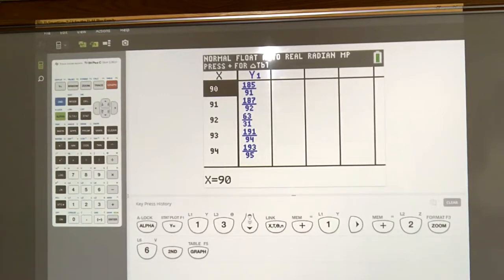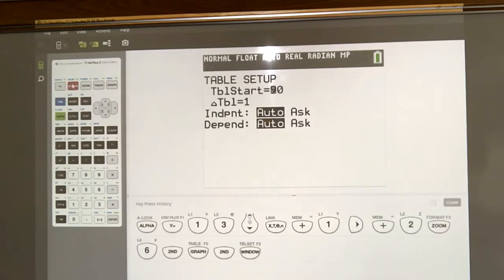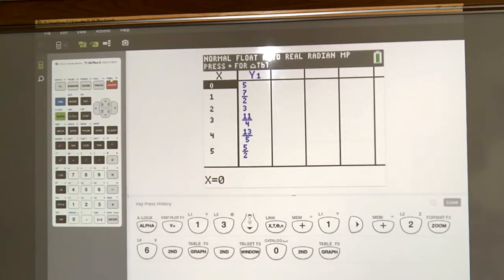Well, okay, my table is messed up, so this is a good chance to learn how to do it. Let's go back to second table set above window, and we're going to start at 0, and that should do the trick for us. Now let's go second table. All right, so far so good. It gives us fractional forms for the answers, but let's go look up here.